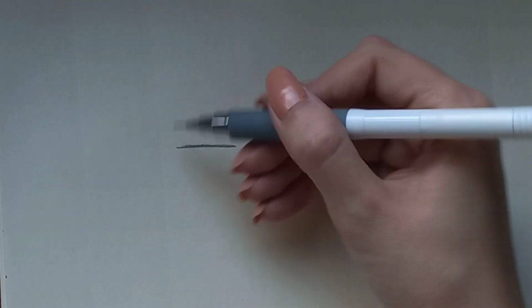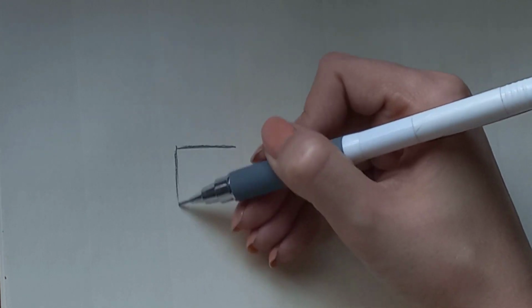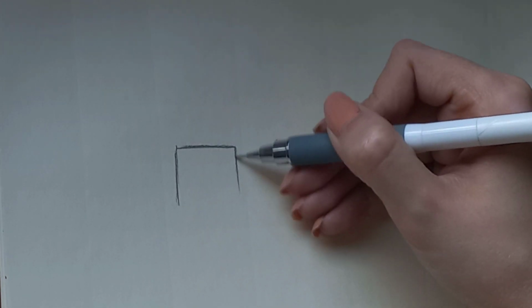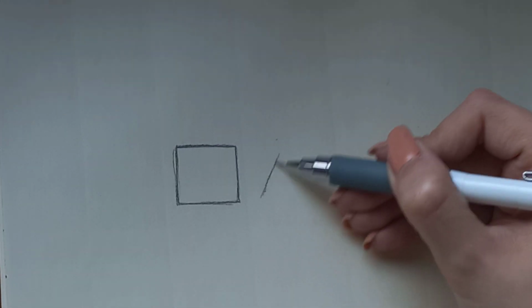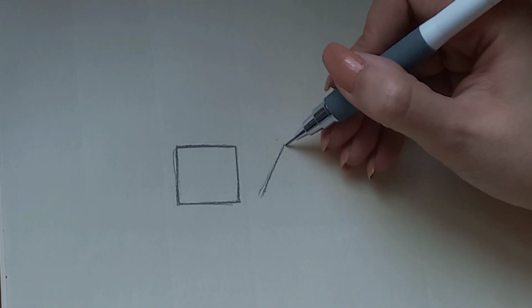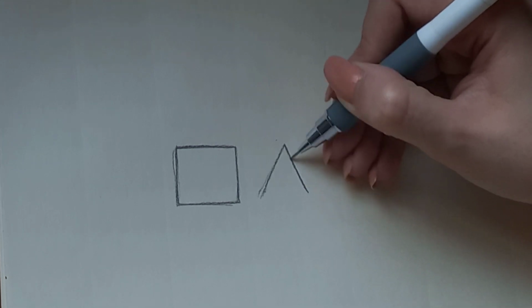The next exercise is to draw geometric shapes. You don't need to choose very difficult and complicated shapes. Just draw the simple shapes as best as you can.